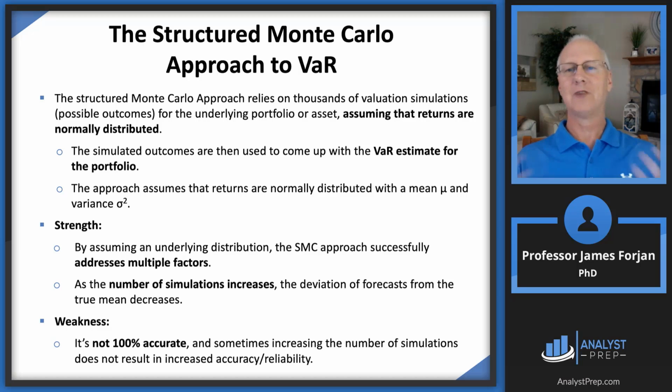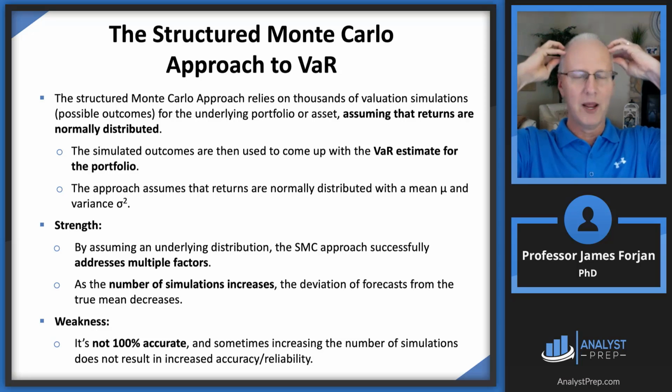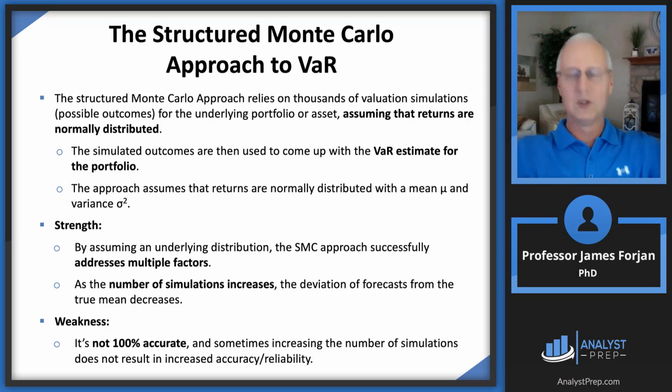That's why, of course, we look at ourselves in the mirror and say, you know what, my brain can only process so much. That's why we look at the computer and say something like, I bet you can do better than I can. So we use this Monte Carlo simulation. And so we can rely on thousands, maybe tens of thousands. Oh my gosh, if we have a strong computer, maybe hundreds of thousands.